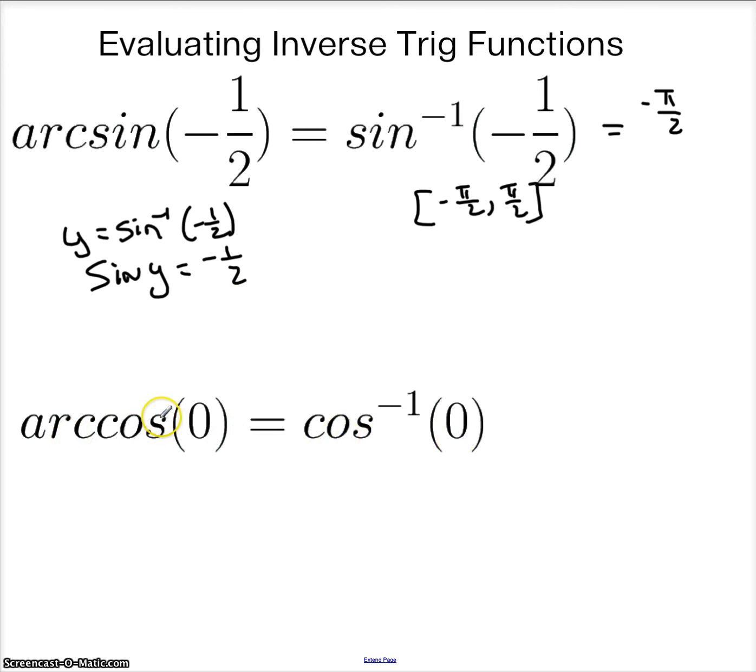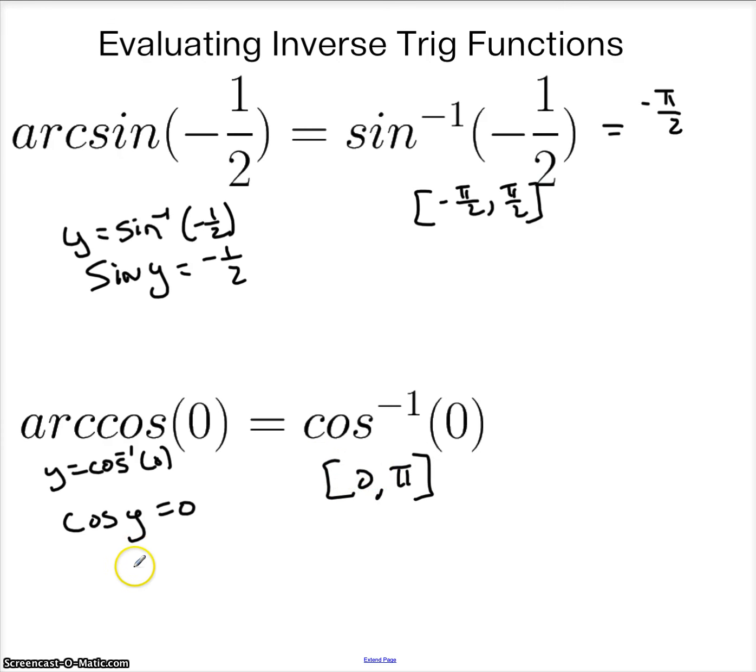Let's look at the inverse cosine of 0. Now I know that y is the inverse cosine of 0 when the cosine of y is equal to 0, and we need to look at our interval 0 to pi. See how important those intervals are going to be to you?